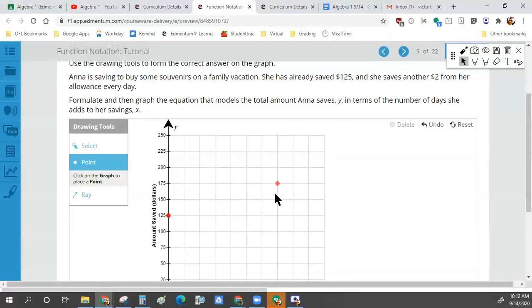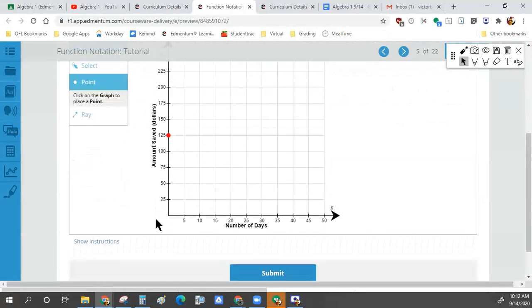I'm going to graph it right here because I'm starting off right there. Now, the only problem is we don't have it by 1 day. We have it by 5 days. So if it's a slope of 2 per 1 day, this is the same thing as saying 10 for 5 days. So if we go up by 5, but this isn't going to help us because 10 is going to be 135.